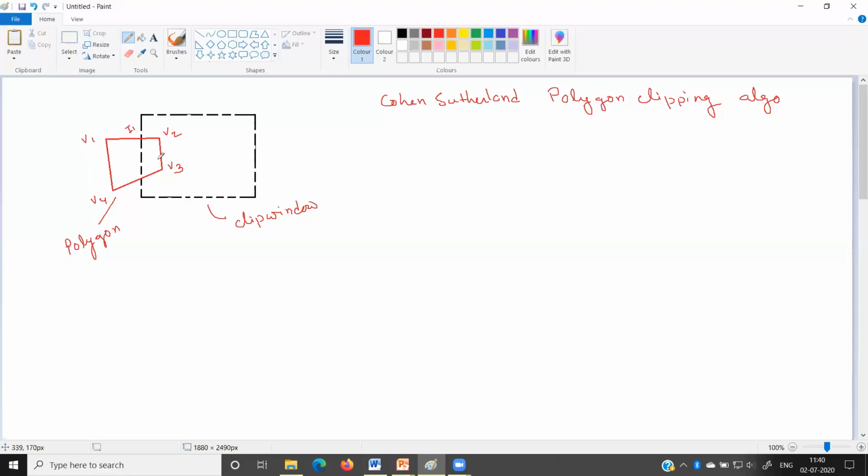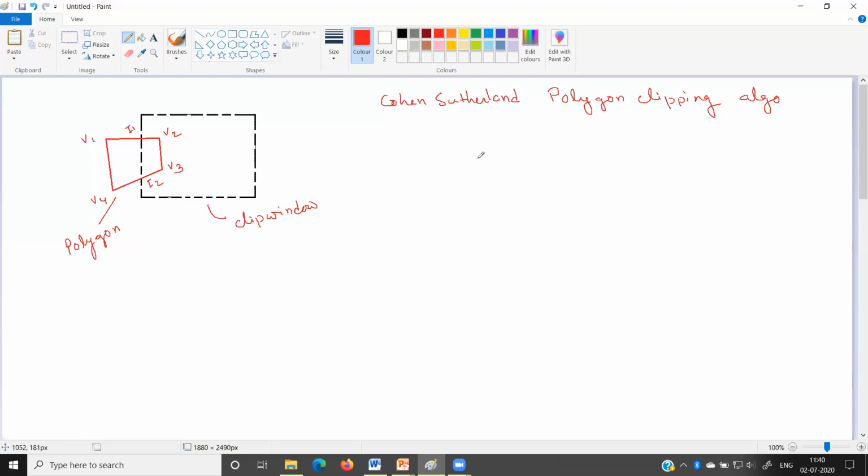Now the next one is V2 and V3. This line segment is totally inside the clip window, so there must not be any intersection point with this line segment. Now we go for V3, V4. This line segment is intersected with the clip window, and let us say the intersection point is I2.